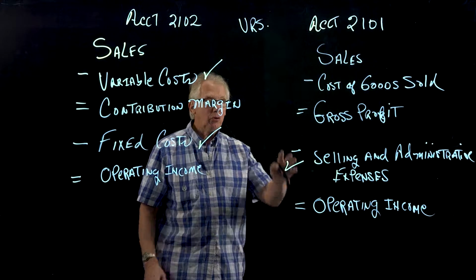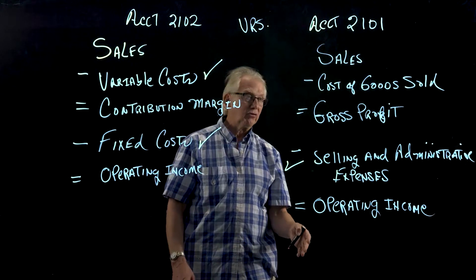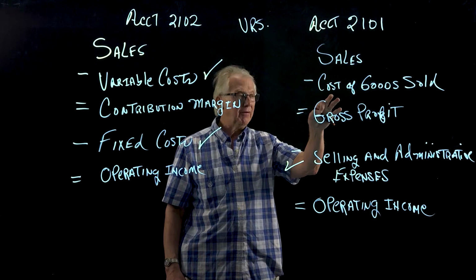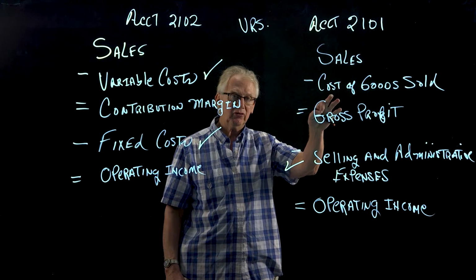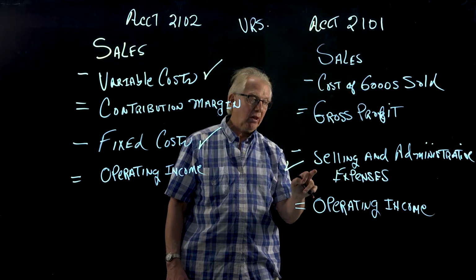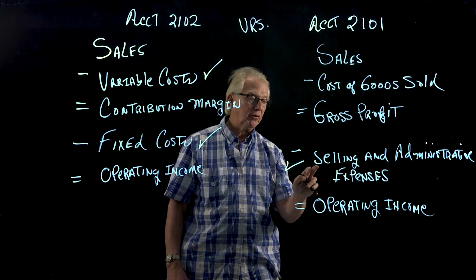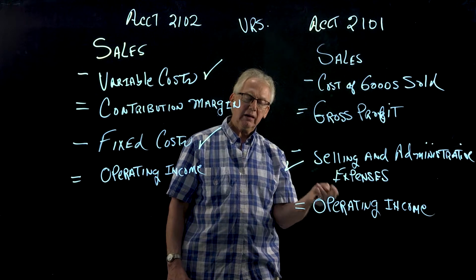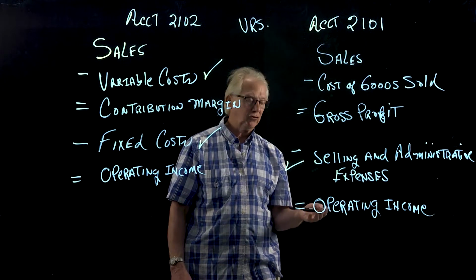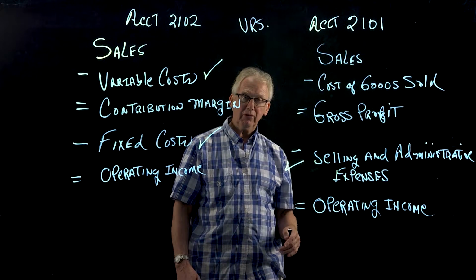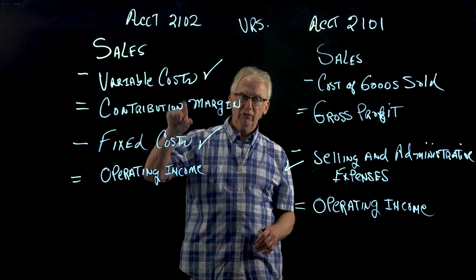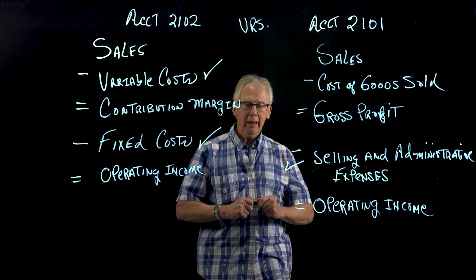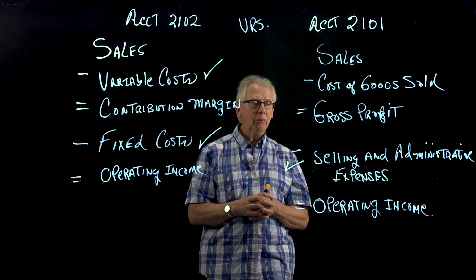Okay, so you can look at this income statement and say, okay, cost of goods sold contains both variable and fixed manufacturing expenses, and the selling and administrative expenses for this type of income statement contains both variable and fixed selling and administrative expenses. So this segregates variable and fixed cost. Okay, now that's all I want to say about the two different types of income statements.